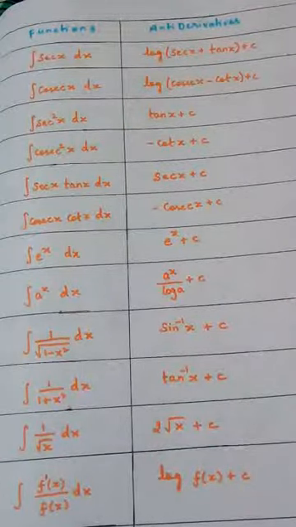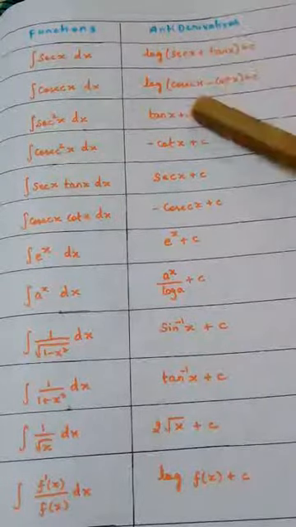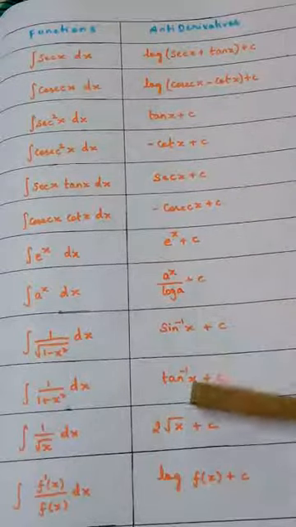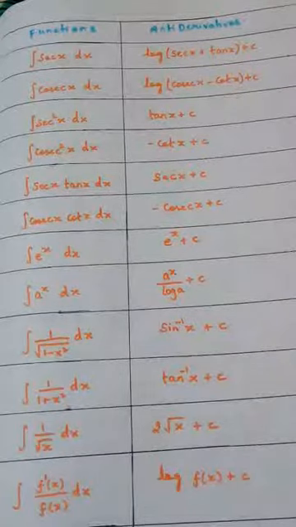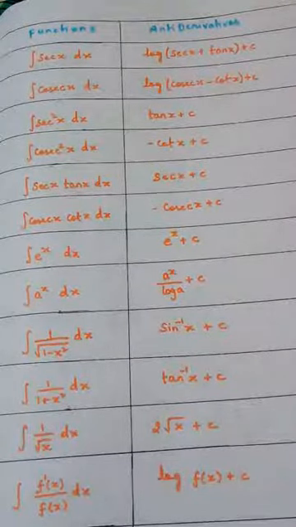As I said, in the previous page we had 7 formulas, and here 8, 9, 10, 11, 12, 13, 14, 15, 16, 17, 18, 19 formulas are given as basic integration formulas. So first of all, you should be thorough with all the 19 formulas before seeing the problems.